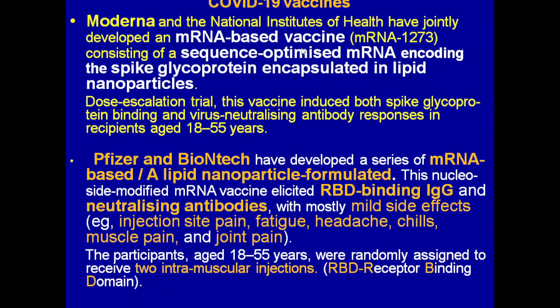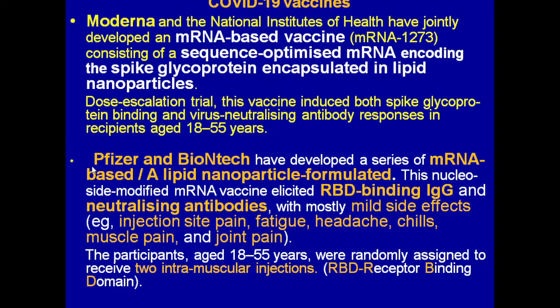In a dose-escalation trial, this vaccine induced both spike glycoprotein binding and virus-neutralizing antibody responses in recipients aged from 18 to 55 years.